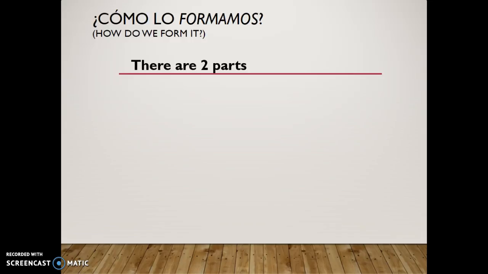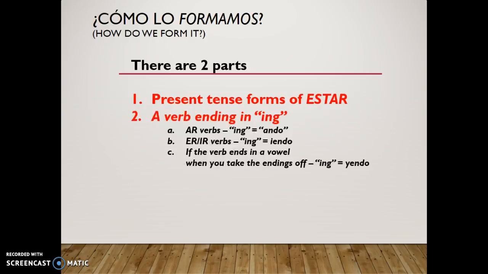Well, there are two parts to forming the present progressive. Number one, you need the present tense forms of estar. And number two, you need a verb ending in ing. For AR verbs, ing equals A-N-D-O, ando.